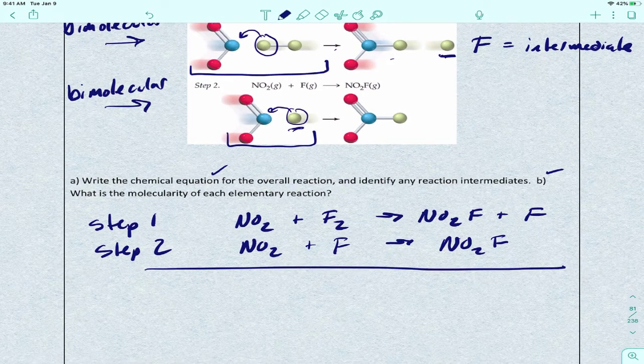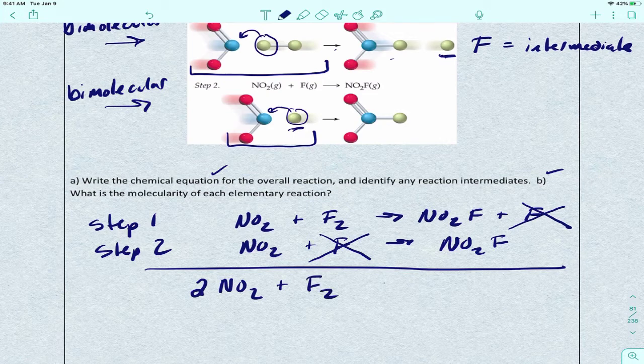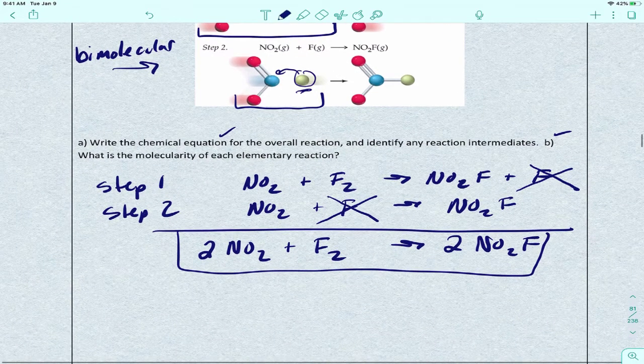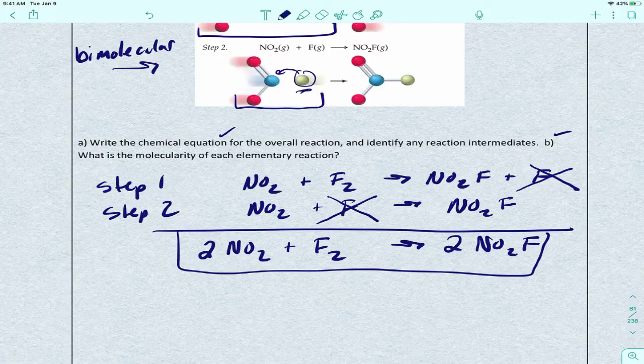Now, before we do anything else, does anything cancel out? Well, you do have the fluorine. You do know that the intermediates cancel out. So canceling those two out, that's it. So you're going to have 2 NO2 plus F2 yields 2 NO2F. And so that would be your overall reaction for this reaction.